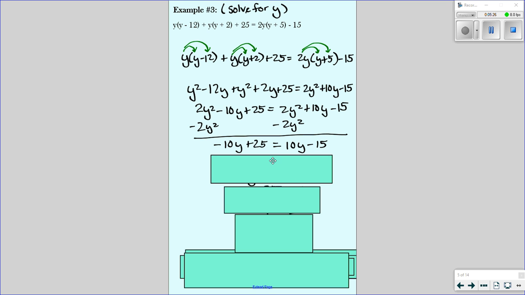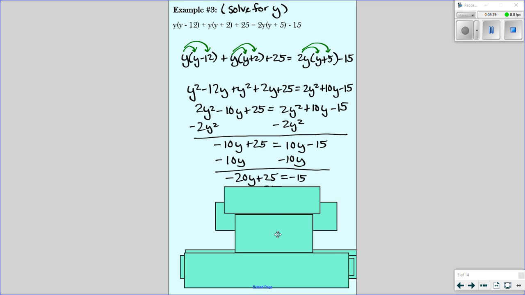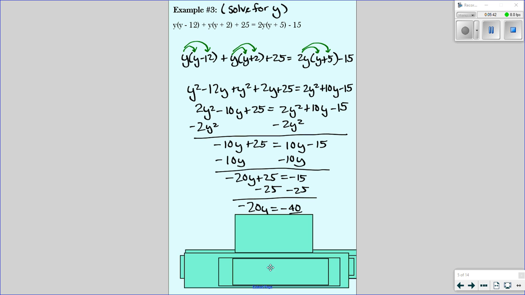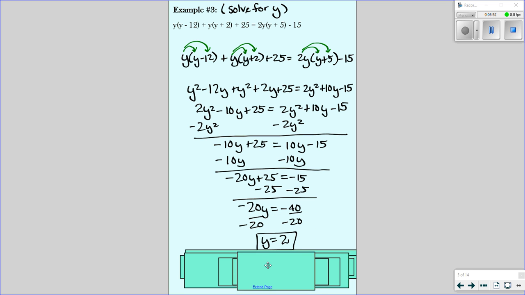Now I'm going to move the 10y to the left side by subtracting, and then I'm left with negative 20y plus 25 equals negative 15. Now I'm going to move the 25 to the other side by means of subtraction, and then I'm down to negative 20y equals negative 40. And then I have to divide negative 20 on both sides because I still have to get y by itself. And then I end up with my final answer of y equals 2.